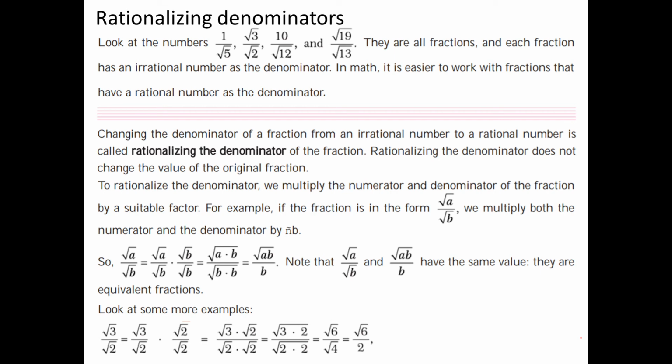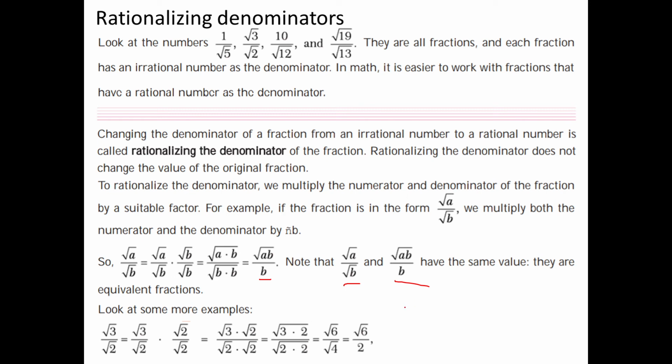So if we have square root of a over square root of b, we multiply by square root of b over square root of b, and we get square root of ab over b, and it will be our answer. And we need to know that this and this are the same things. They have the same value.